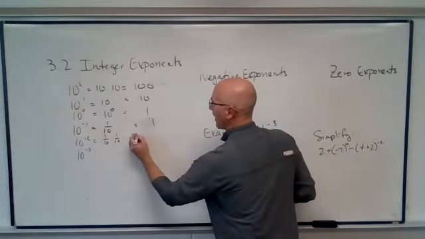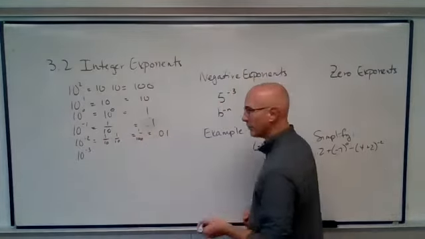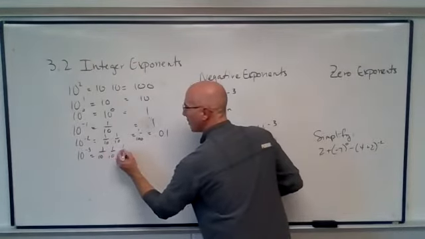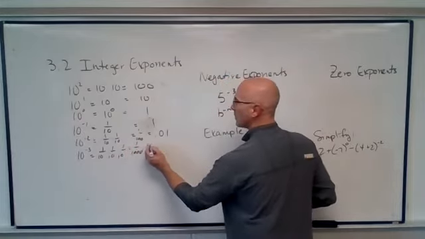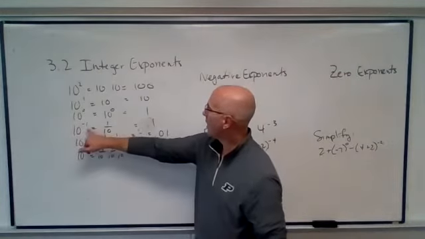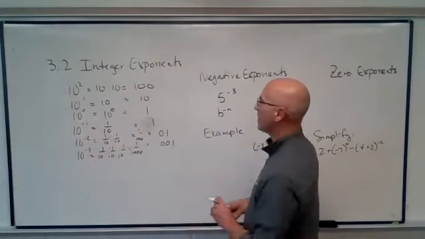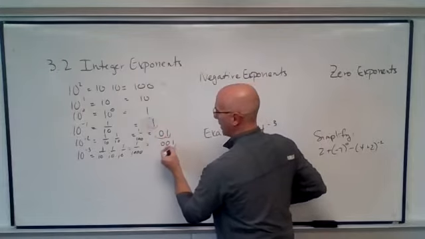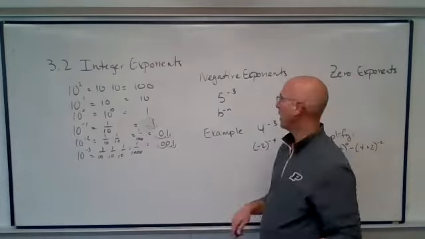In other words, that's 1/100th. 10 to the negative third power is 3 factors of 1/10, or 1/1000, or 0.001. So you can see another way to look at negative exponents with 10 as a base: we are just moving that many decimal places over. That's just kind of a shortcut.